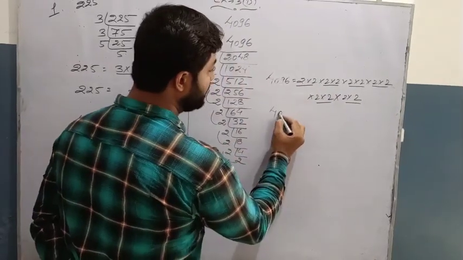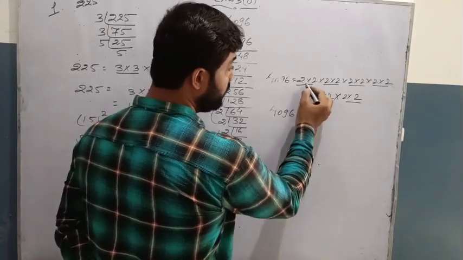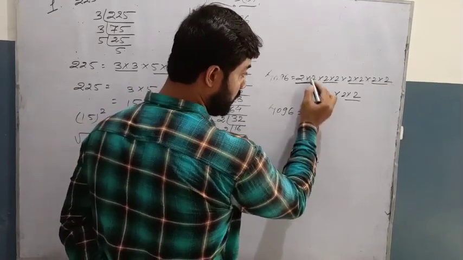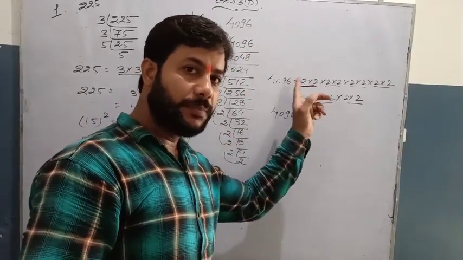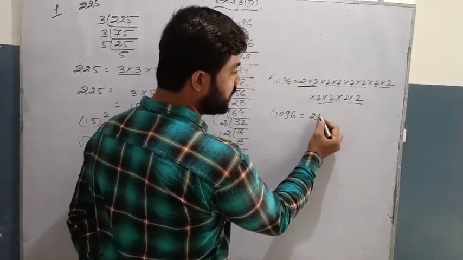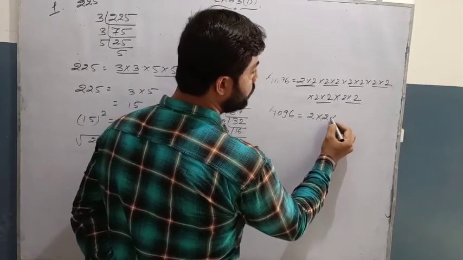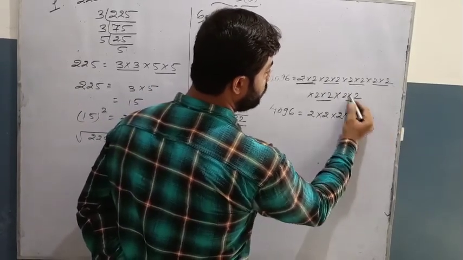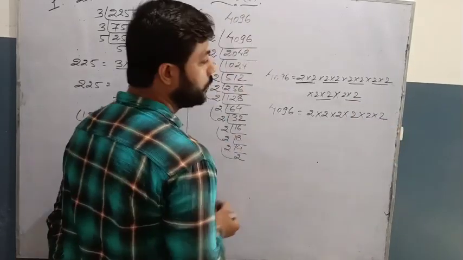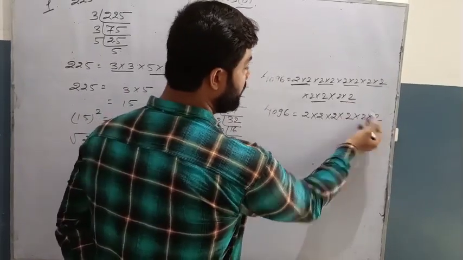So for 4096, we will take one 2 from each pair, one number from each pair of prime numbers. So one 2 is taken, again a 2, again a 2, again a 2, again a 2 and finally a 2. So 1, 2, 3, 4, 5 and 6.